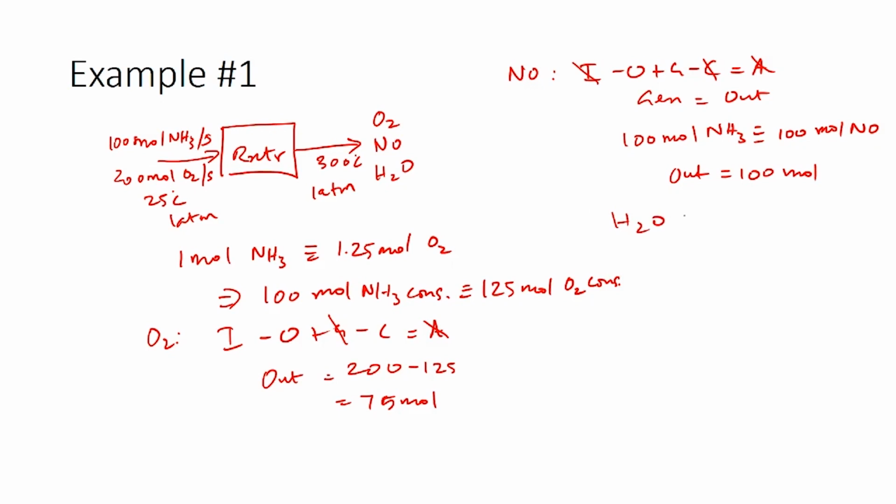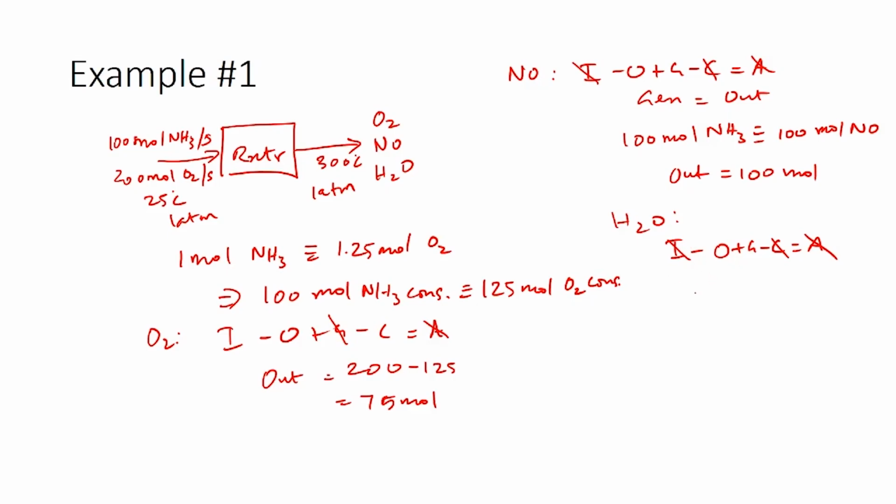Similarly we can calculate for water. We have seen that for every mole of ammonia consumed, 1.5 moles of water is formed. We can write the general material balance equation as input minus output plus generation minus consumption equals accumulation. Accumulation goes to 0 at steady state, consumption goes to 0 because it is a product, and input goes to 0 because you do not have any feed of water.